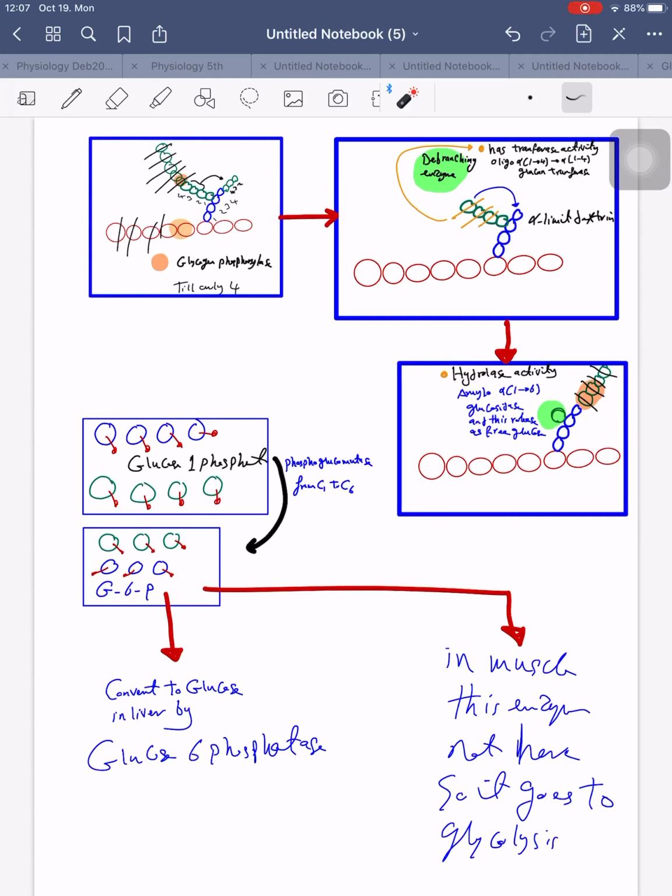Sorry guys. So in muscle, this enzyme is not there. So I go to continue glycolysis to produce ATP, because usually the target of muscle glycogen breakdown is to get ATP. I need energy to make my muscle contract.